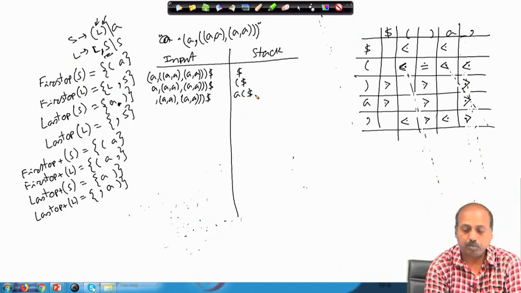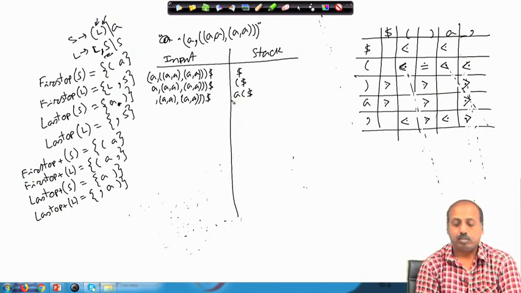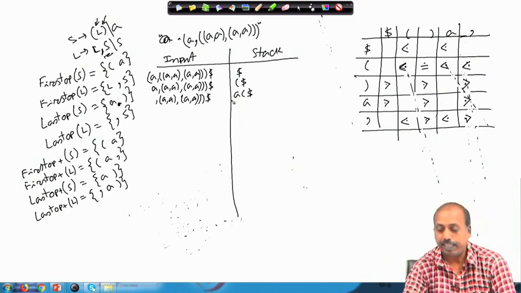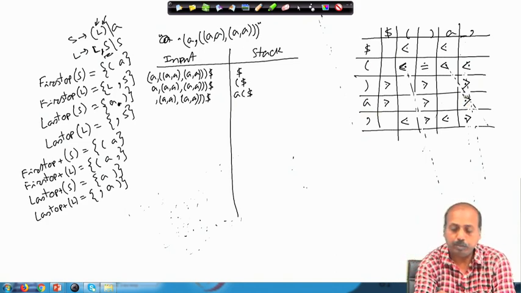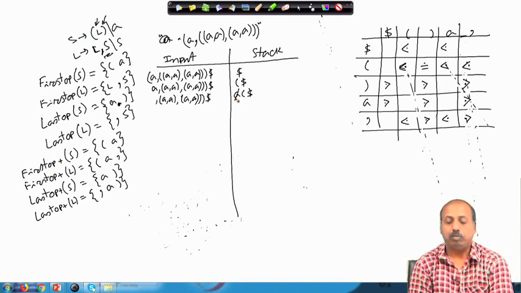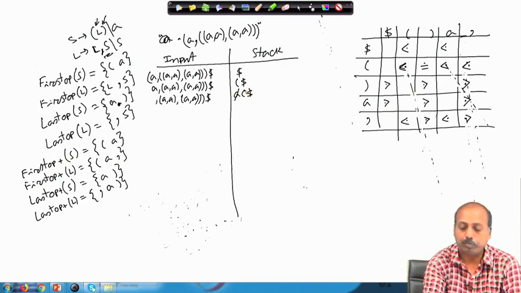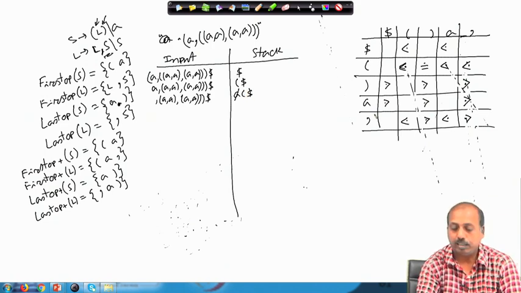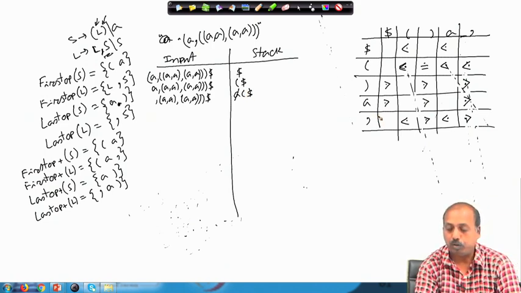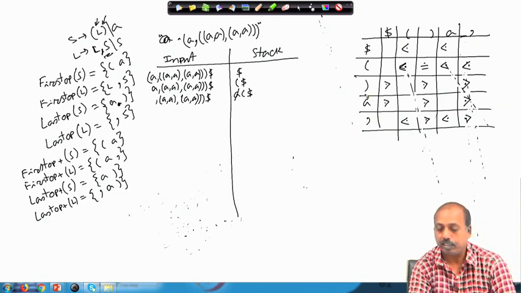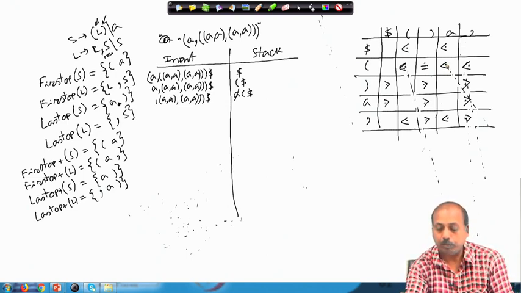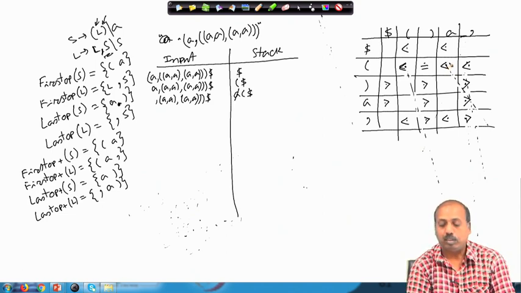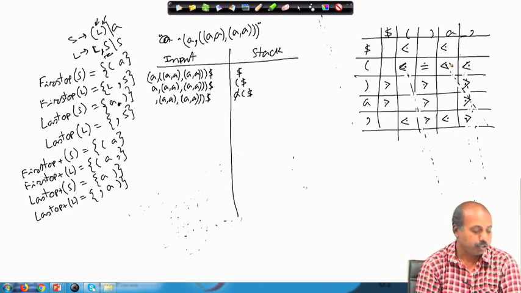Now comma and A: the top of the stack is A, and A is of higher precedence than comma. So, A will be popped out from the stack. Now the top of the stack is open parenthesis, which is of lower precedence than the symbol A popped out, so the popping process stops.